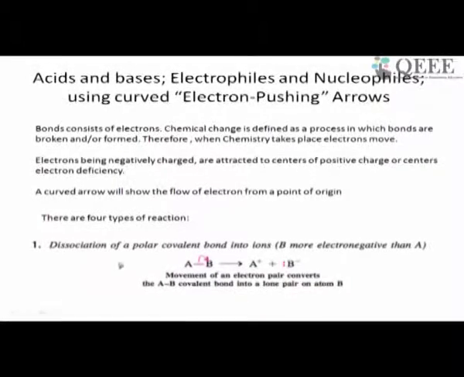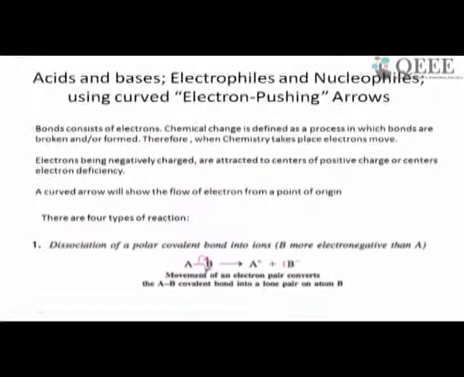So here, if you see the first example, dissociation of a polar covalent bond into ions. This is a type of reaction. The covalent bond is there and it gets dissociated to form ions. Why it forms ions, we have already seen. A covalent bond becomes polar when two elements of unequal electronegativity are combined.